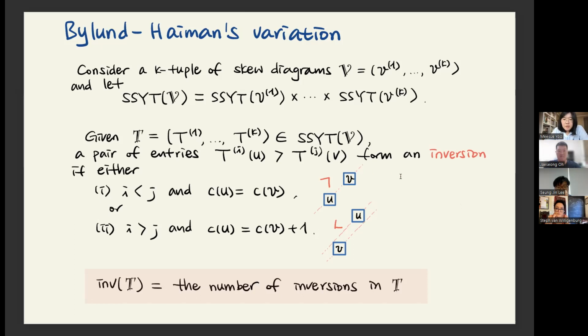So the inversion statistic comes from two cases. One is when two cells are on the same diagonal and the filling value of U is larger than V, or these two boxes are on consecutive diagonals and the filling value in U is larger than the filling value of V. So we count all those inversion pairs, and inv is the number of inversions in this T.